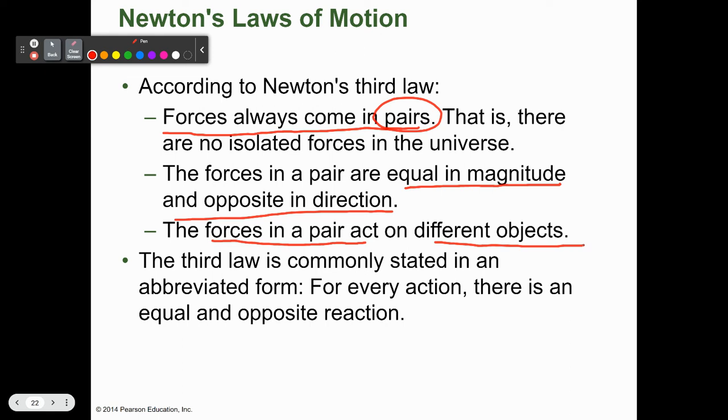The other force in that pair has to be acting in an equal and opposite direction. So if gravity is acting down, then that other force has to act up, and they need to be acting on different objects. Gravity is acting on me. The other force in that pair would be the force of the chair pushing up. Okay.